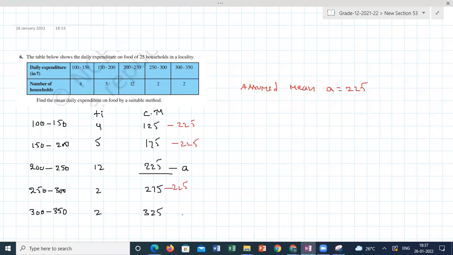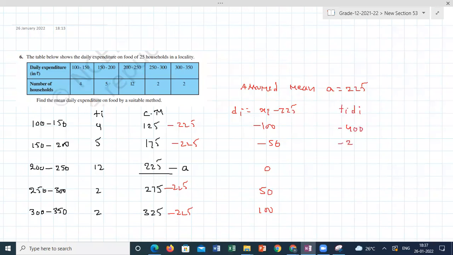So di is equal to xi minus 225: 125 minus 225 is minus 100, minus 50, 0, 50, 100. So fi di will be equal to minus 400, minus 250, 0, 100, 200.